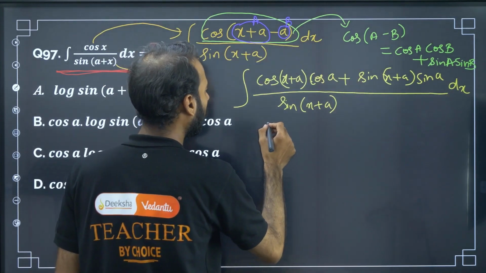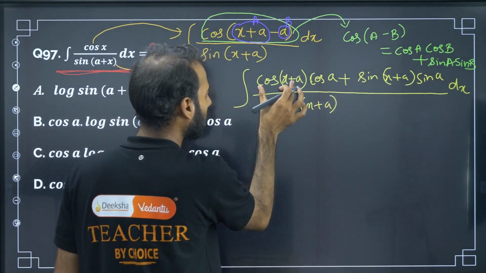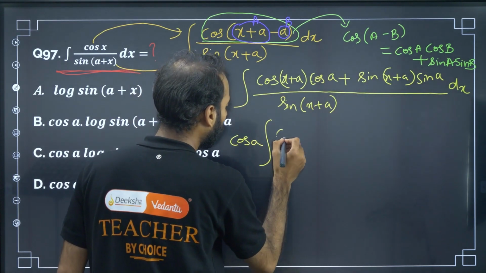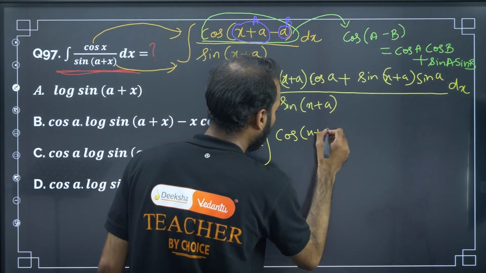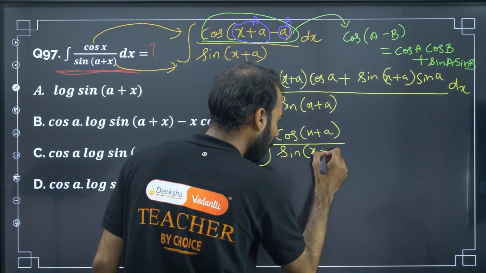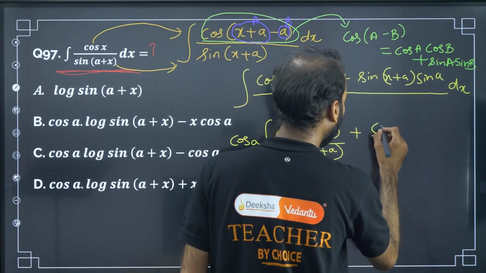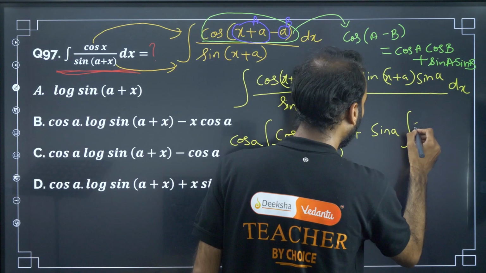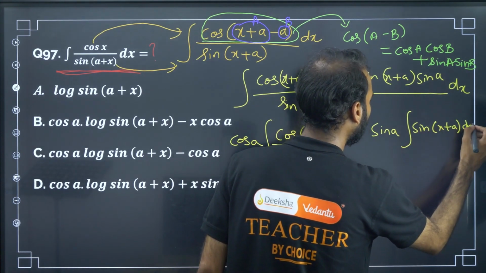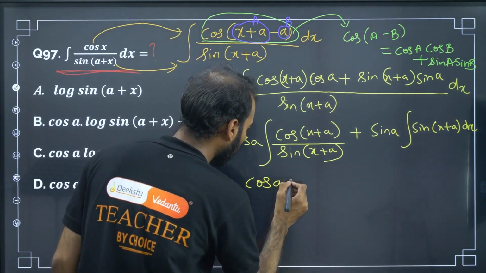So integration of cos a, this term belongs to this also, cos of x plus a by sin of x plus a, plus sin a, if I take that as constant, integration of sin of x plus a by sin of x plus a dx. Now cos a, I am keeping cos a only.